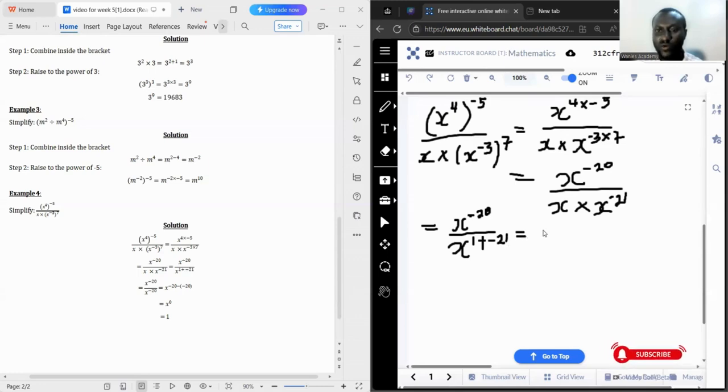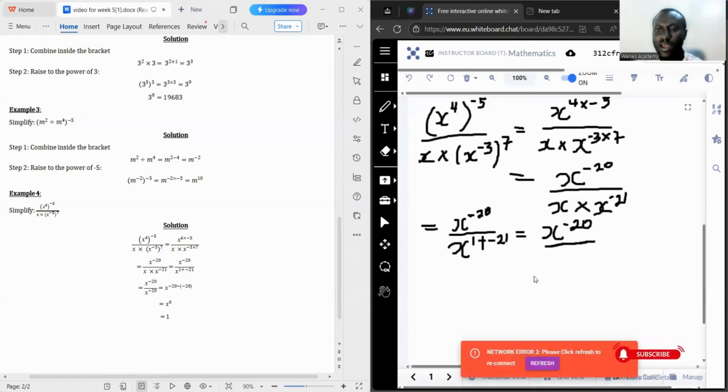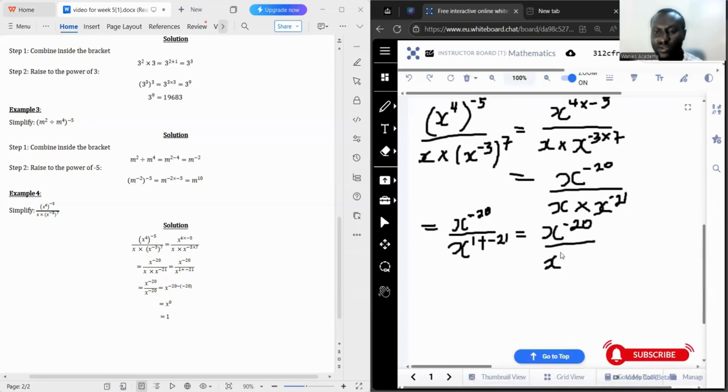Then this means for us, x raised to power negative 20 divided by x raised to power 1 plus negative 21 makes it negative 20. Right here, we can apply the division rule, which says that x raised to power negative 20 minus negative 20.